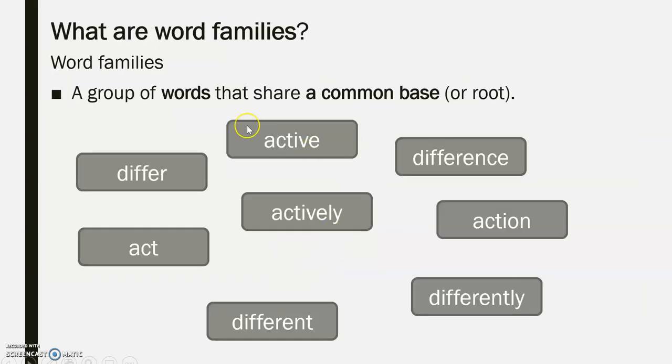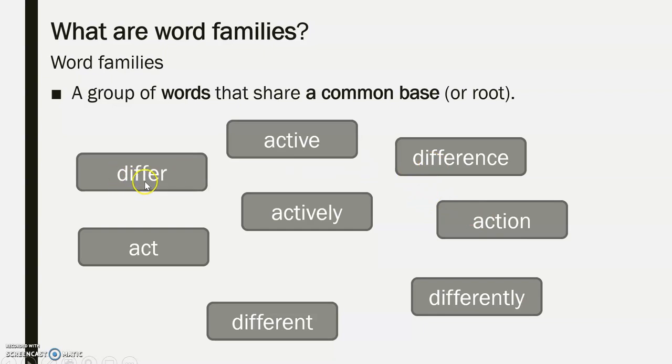So if we look at words, we can begin to see that they have a common base or root. Many languages have roots, like Hebrew, Arabic, and other languages. So if we see a word like differ and difference, and different and differently, they have something that's the same.